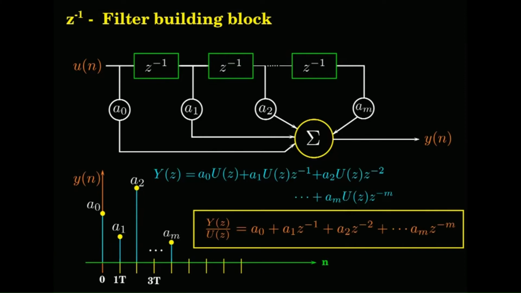Sir, here u(z) is the impulse, right? u(z) is the z transform of u(n). u(n) need not be an impulse. For this particular figure we took that, but it could be anything, whatever you are sampling: an impulse, a triangle wave, a discrete sine wave.